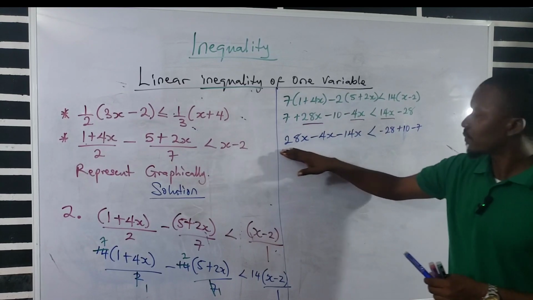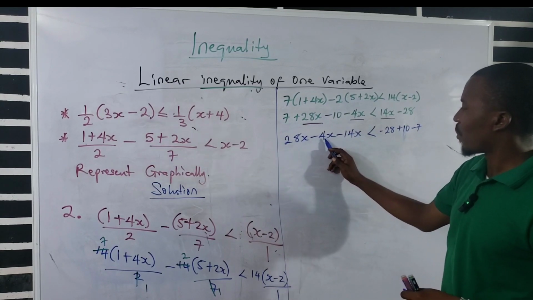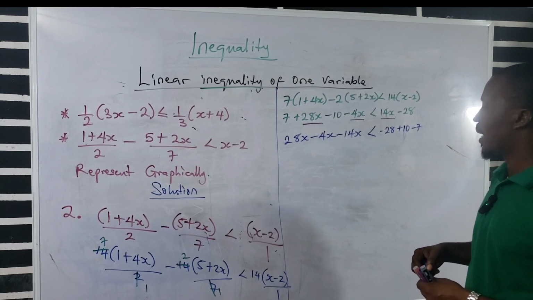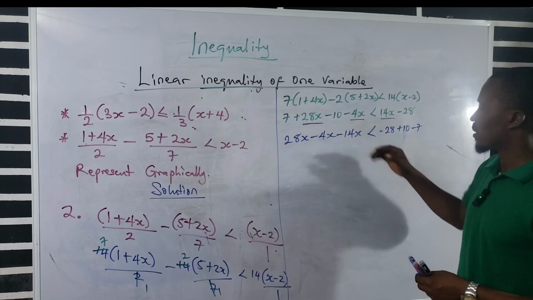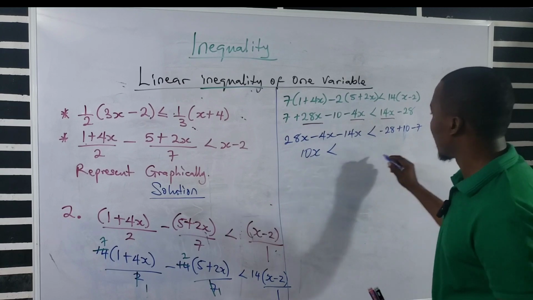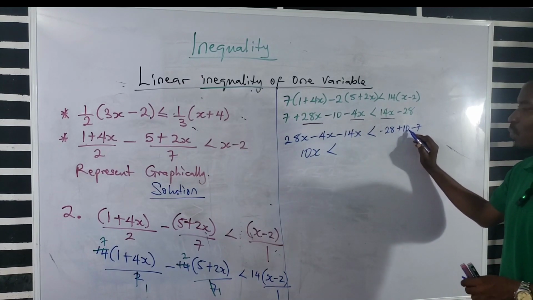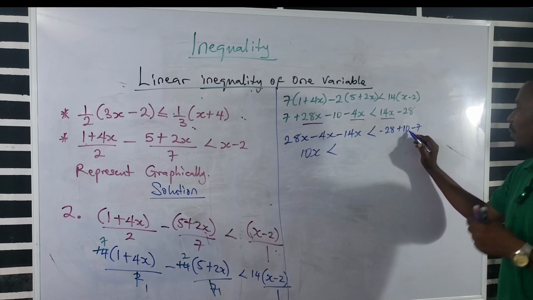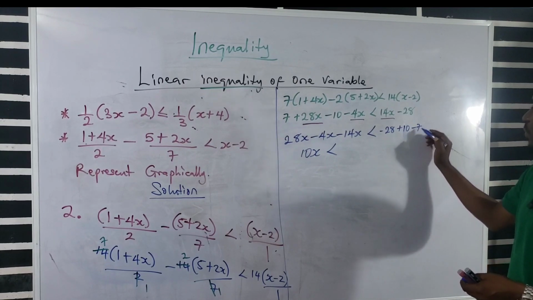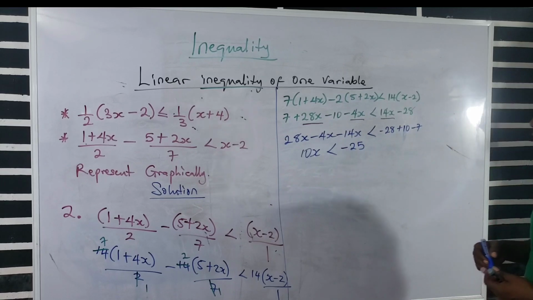So 28 minus 4 will give me 24x. 24x minus 14x will give me 10x, less than minus 28 plus 10 will give me minus 18. Minus 18 minus 7 will give me minus 25.